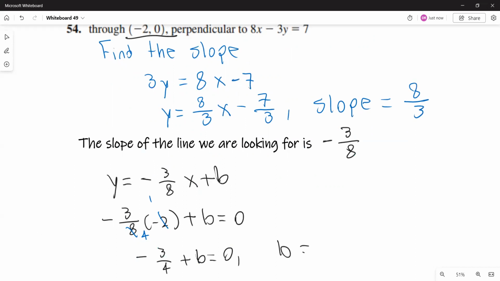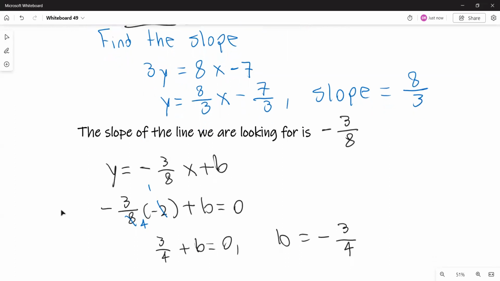And b is negative 3 over 4. Okay, just making sure: there's a minus, so this is positive. Once we solve for b, this becomes negative.